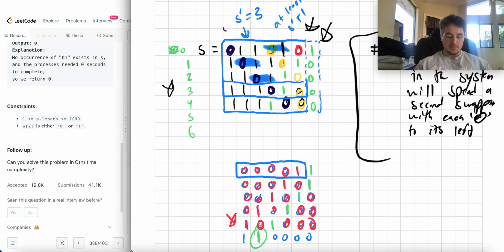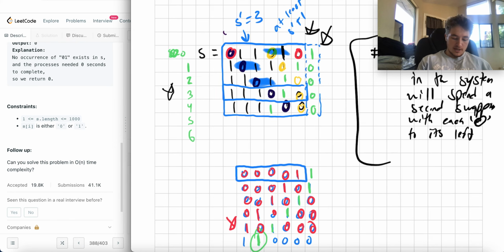When the red system isn't sorted, like here, so let's just look at the red system.